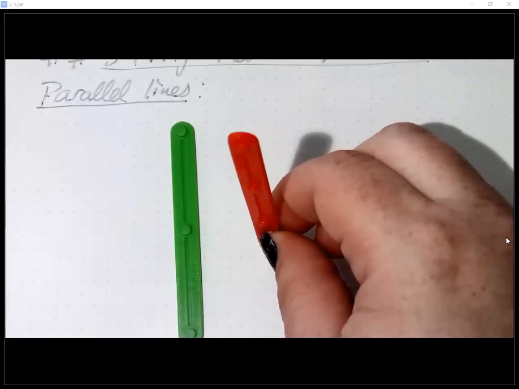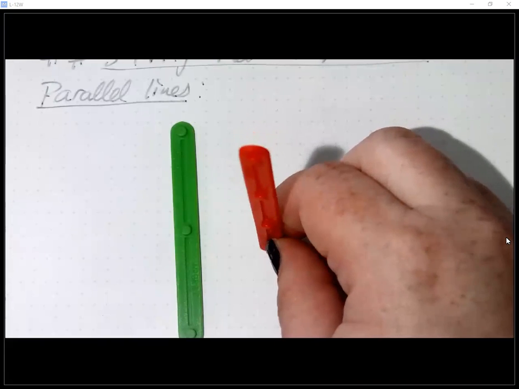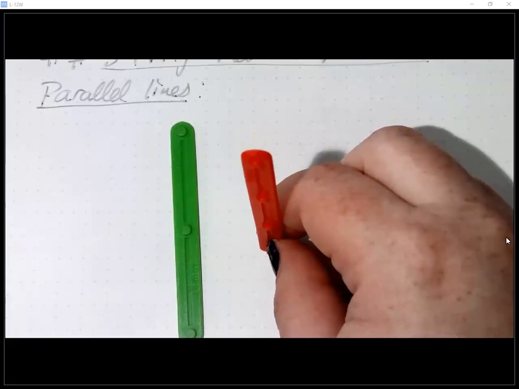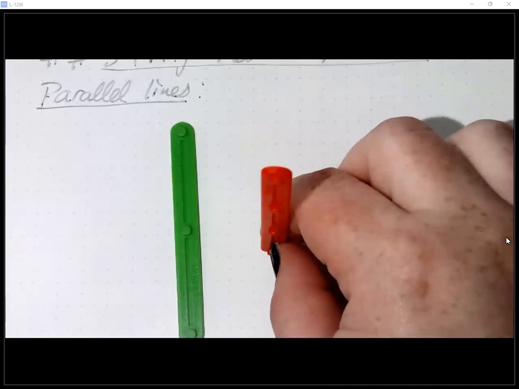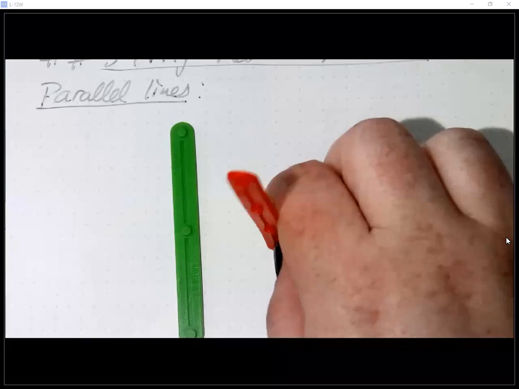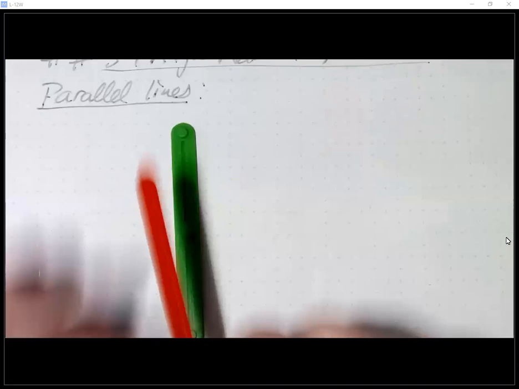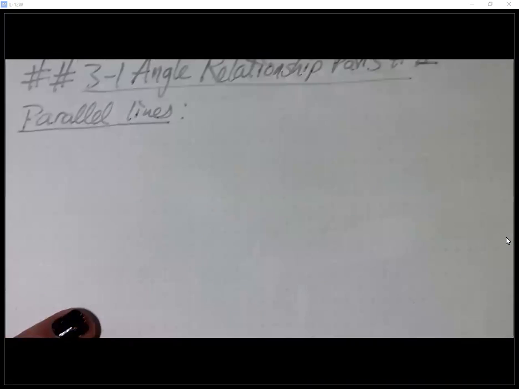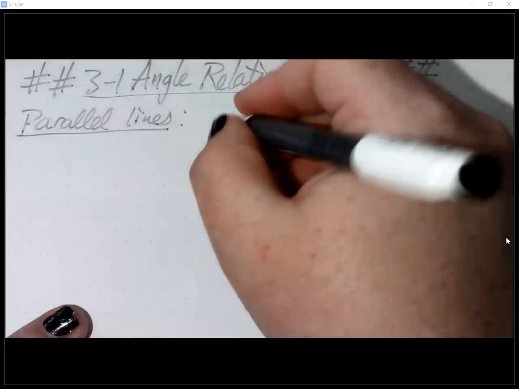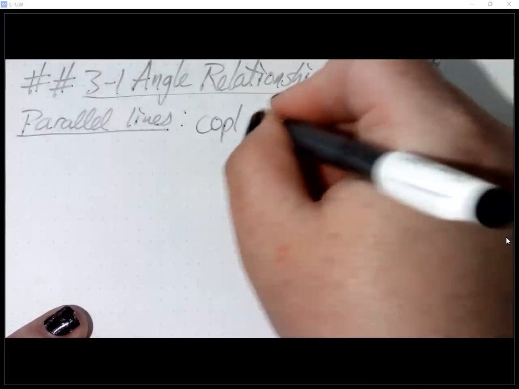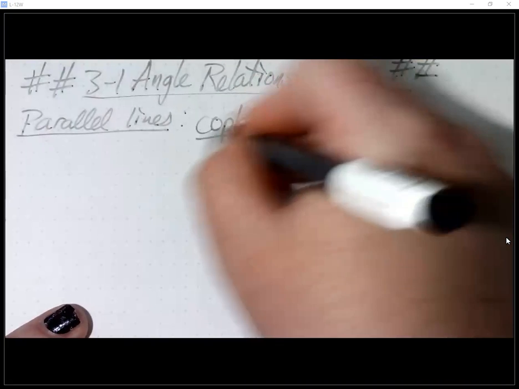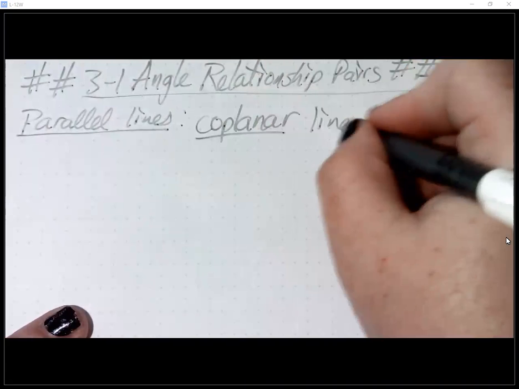It's a short little word. Okay. Skew, yeah, skew lines. So parallel lines, our definition is now going to be coplanar lines that never intersect.